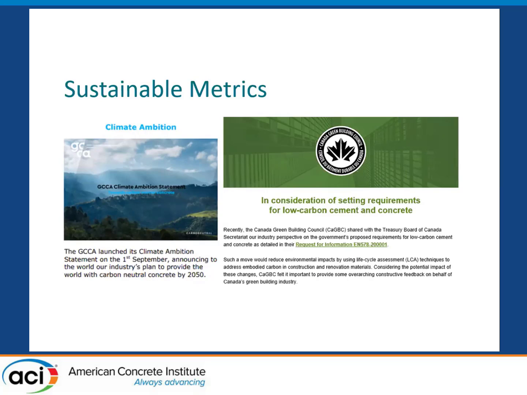Other things we are starting to see as well, this will probably happen in the US Green Building Council too, but in Canada, the Canadian Green Building Council is working with the Treasury Board of Canada, which does procurement. They are looking at using low carbon cement, such as PLC, and also at lowering the carbon in the concrete itself.